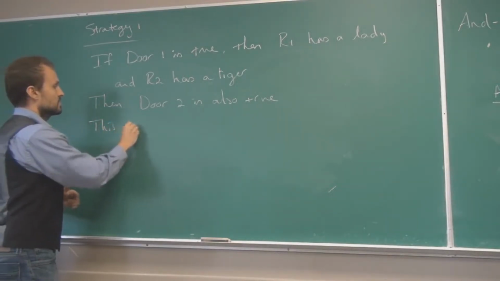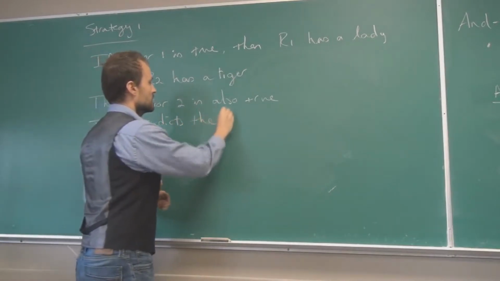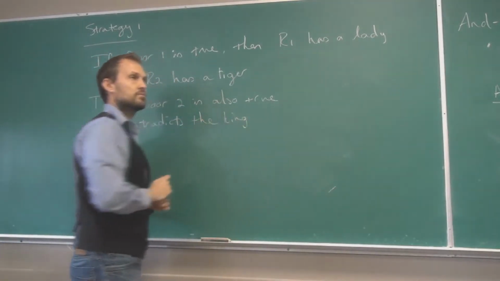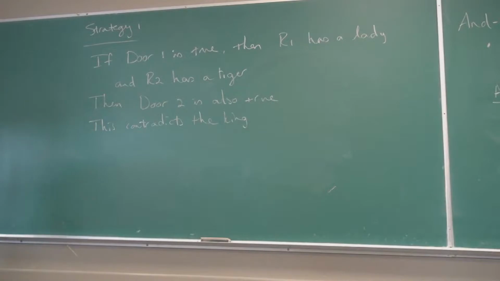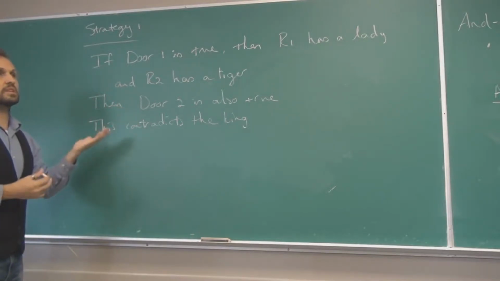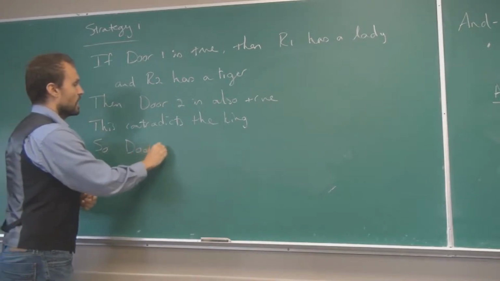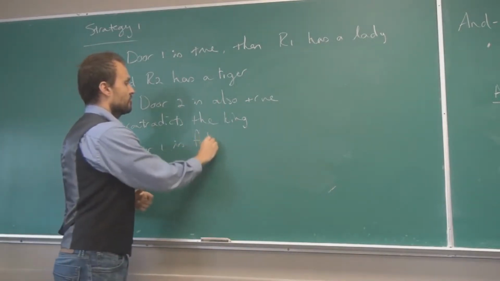So this contradicts the king, and we can't do that. Can't go against what the king's saying. So what does that tell us? That tells us that our original assumption was wrong, and door 1 can't be true. Otherwise, we have information that contradicts the king. So that can't be what's happening. So door 1 is false.